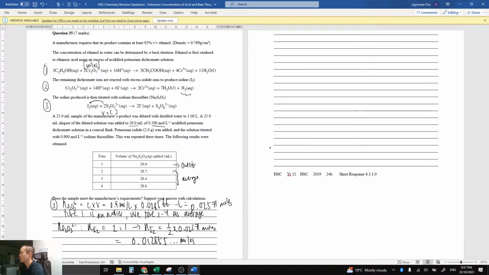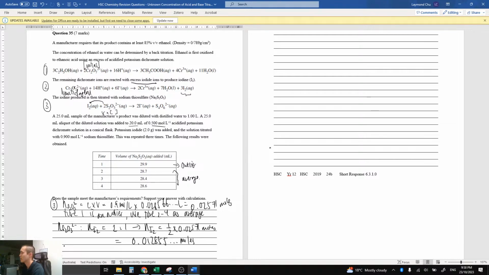Now, the remaining dichromate ions are reacted with excess iodide ions to produce iodine. So, whatever's produced here came from a limiting reagent of dichromate, because our iodides are in excess, so that means our dichromate ions are limiting.